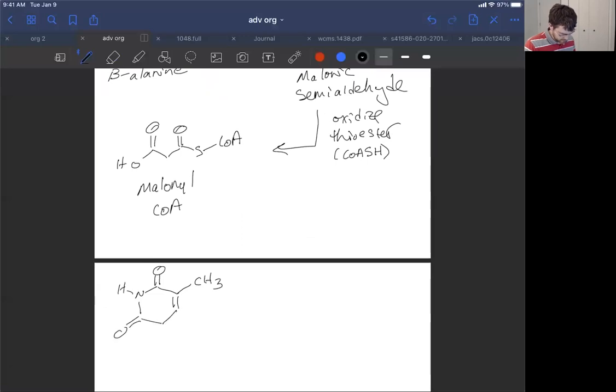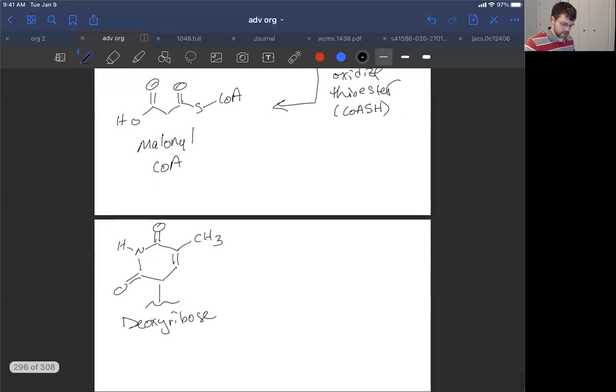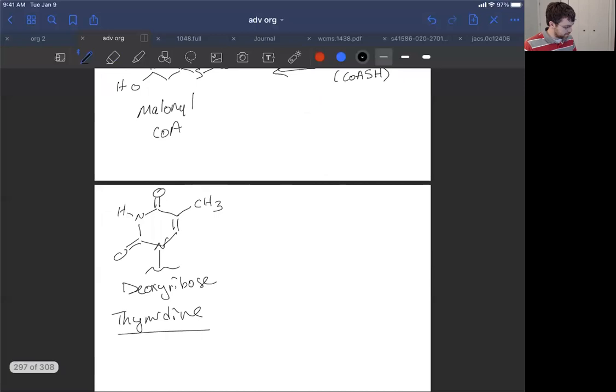Well, maybe that's for the coding. Anyway, with this structure, now we're in deoxyribose because we have uracil, 2 nitrogens, but with a methyl group, so that's thymidine. Uracil with a methyl group is just thymidine. We need that methyl group there to do our DNA stuff.